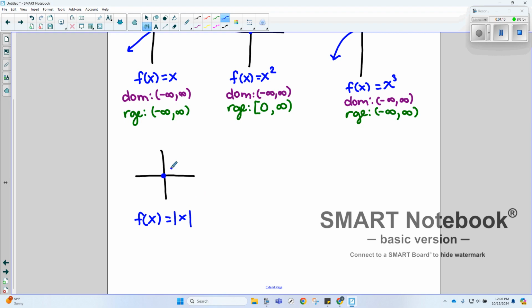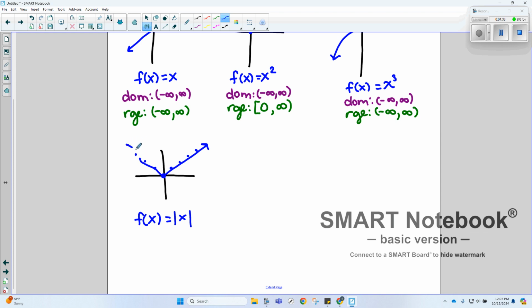If x equals 1, y equals 1. If x equals 2, y equals 2, and so on in this direction. But if x equals negative 1, the absolute value of negative 1 is 1. The absolute value of negative 2 is 2, and the absolute value of negative 3 is 3.